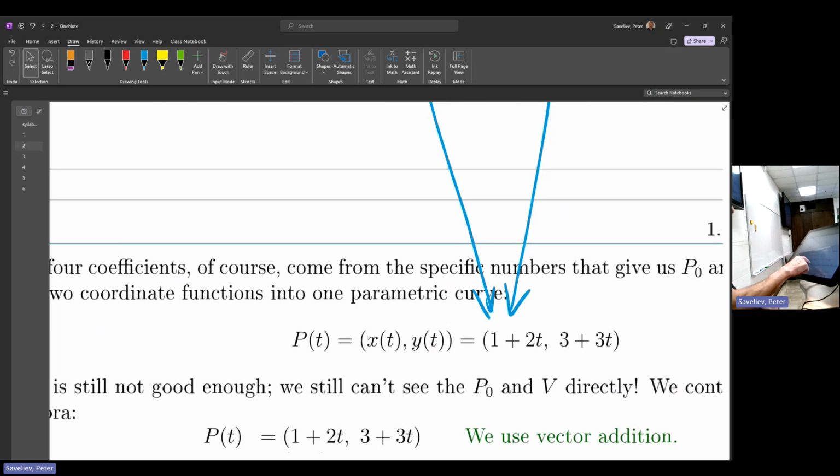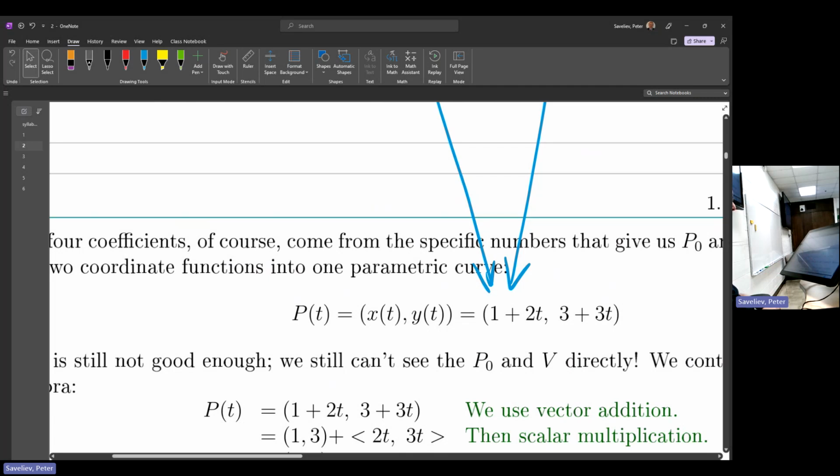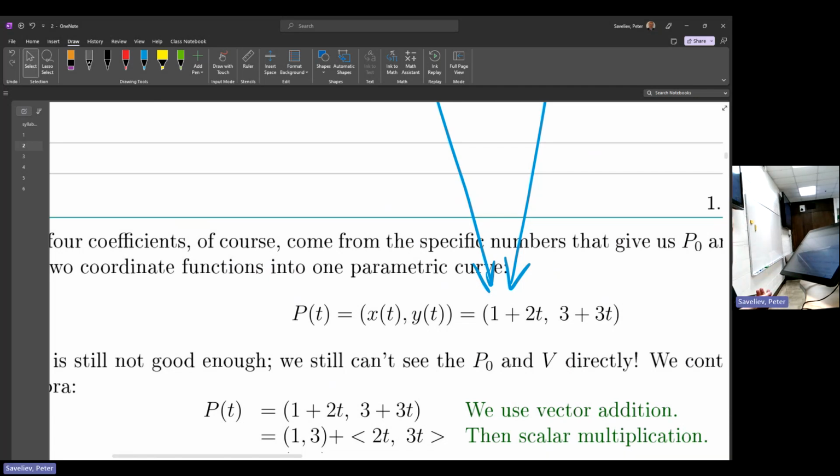So this is what I do: I split it into two terms. 1, 3, which just happens to be the initial point, and then 2t, 3t. You see what happened here? Rather than decomposing into separate coordinates x and y, I'm looking instead at something more meaningful. What I have extracted is 1, 3, which is the initial position.